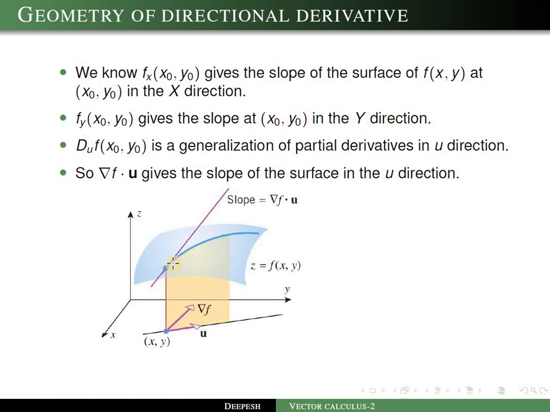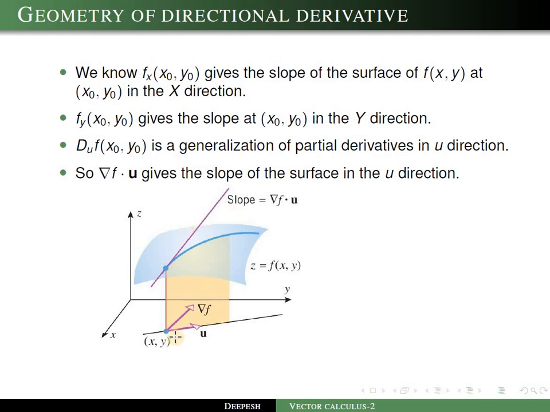Instead of that, since we are measuring the rate of change of the function in any given direction u, D_u f at x naught y naught is a generalization of the partial derivatives, and therefore it gives the rate of change of the function in the u direction, or the slope of the surface in the u direction, where u can be any direction in the domain plane.